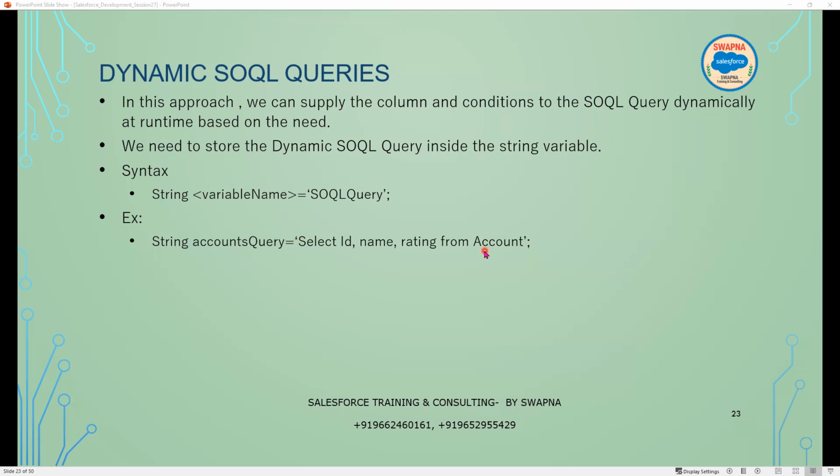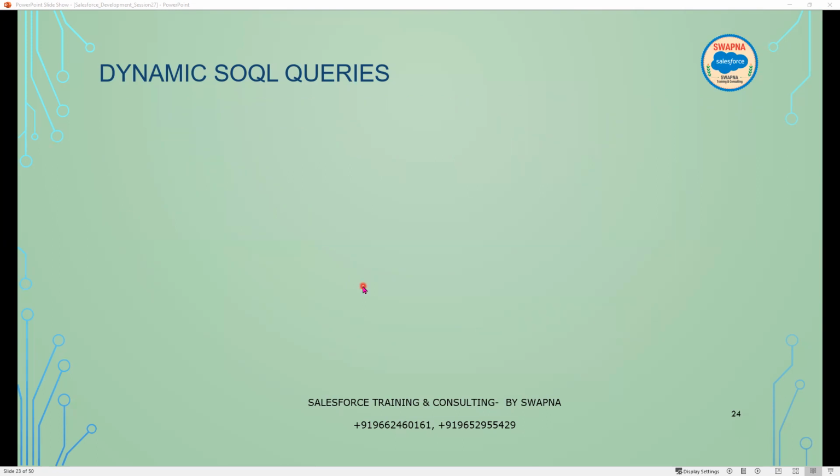For a static SOQL query, we write the SOQL query within square brackets. For dynamic, we will write it within single quotes, because we will store the SOQL query into a string.